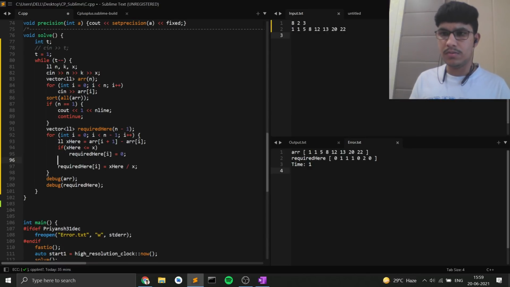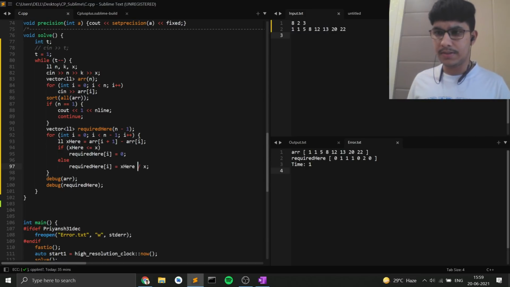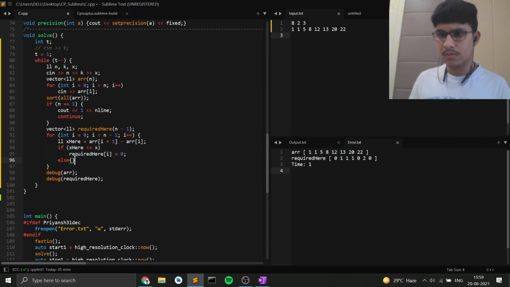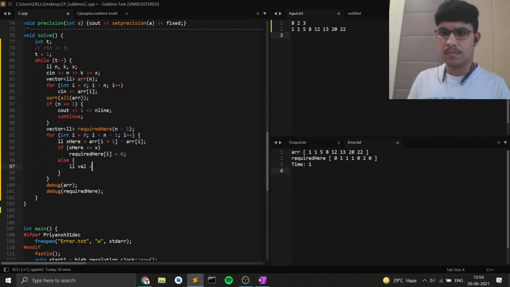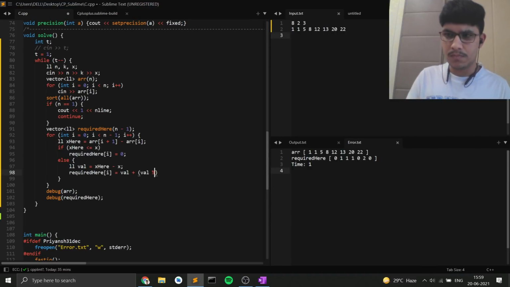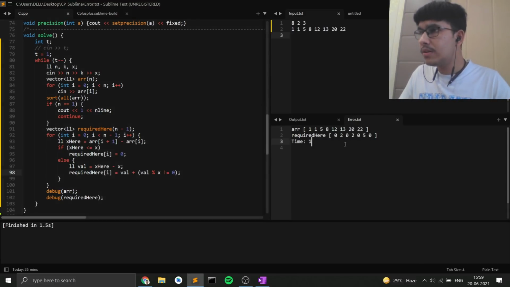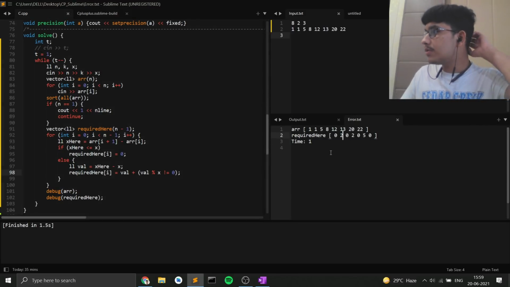Here equals 0. Else what do? x here minus... So here it says it requires 2 elements.